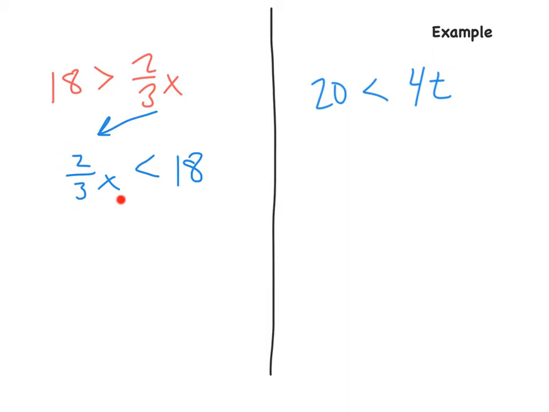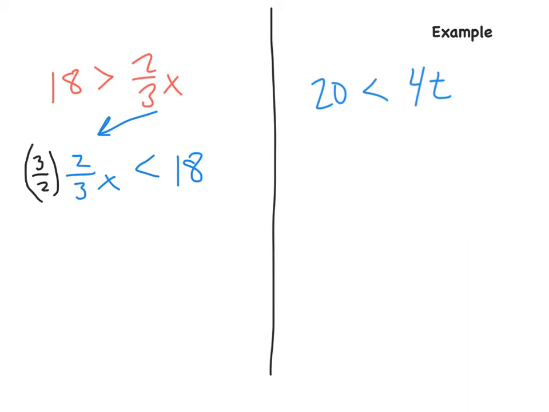So now, let's see here. We have 2/3 times x. So to get x by itself, remember, we have to do the multiplicative identity, or we have to multiply by the reciprocal of 2/3. So what's the reciprocal of 2/3? That is 3 over 2.